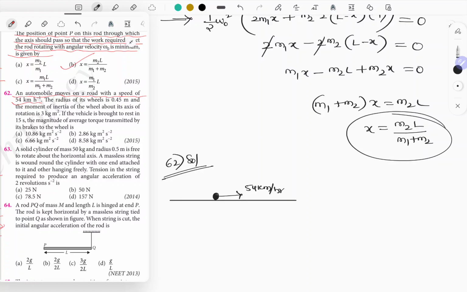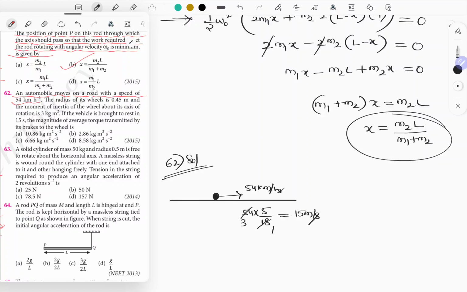First of all, try to convert this into meter per second. 54 kilometer per hour can be converted to meter per second as 54 into 5 by 18, which is equal to 15 meter per second. That's the speed of the automobile.